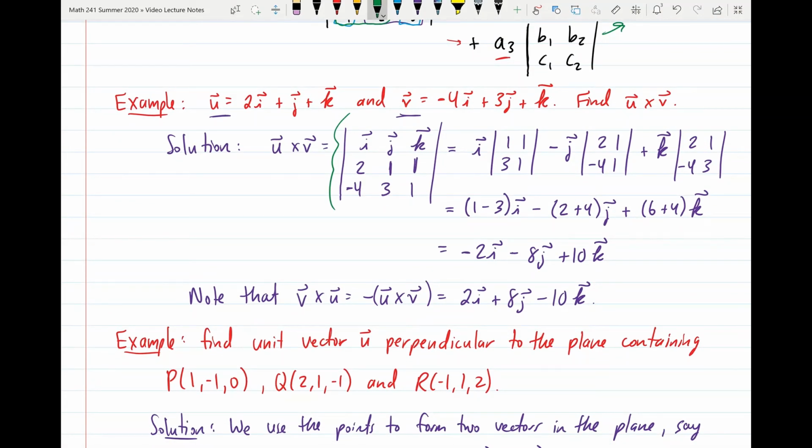So we're going to take the term in the top left, our vector i, and multiply it by the determinant of the 2 by 2 matrix that we get when we cross out row 1 and column 1. That ends up being this 2 by 2 matrix right here. That's why we have a 1, 1, 3, 1 listed here.